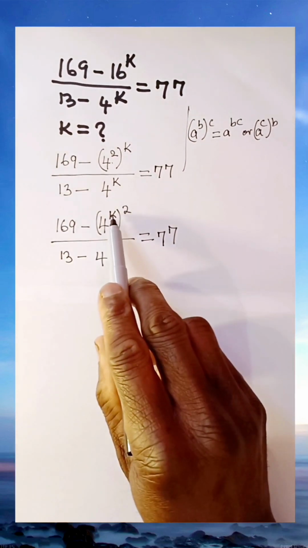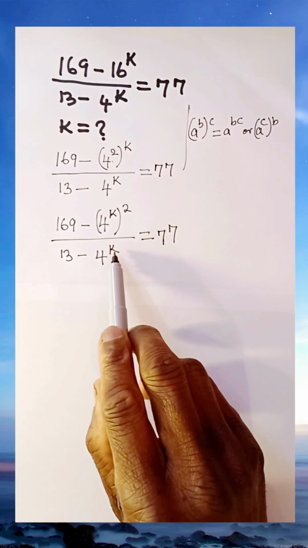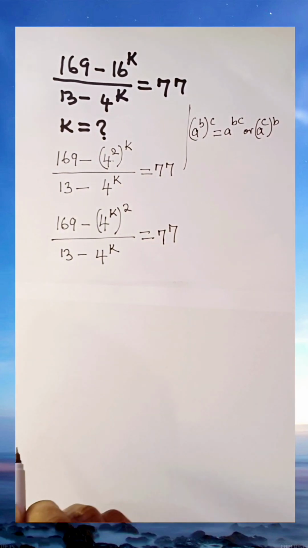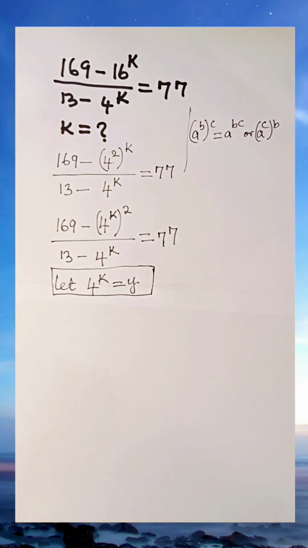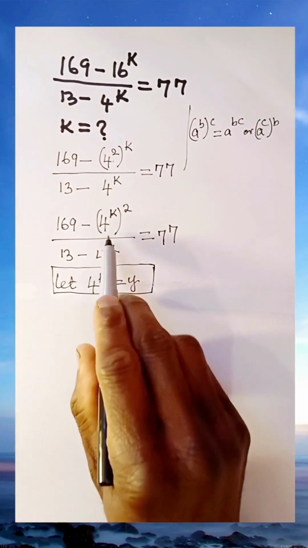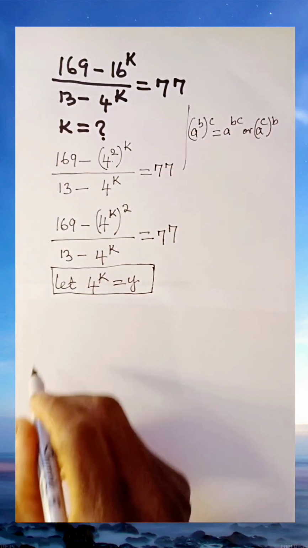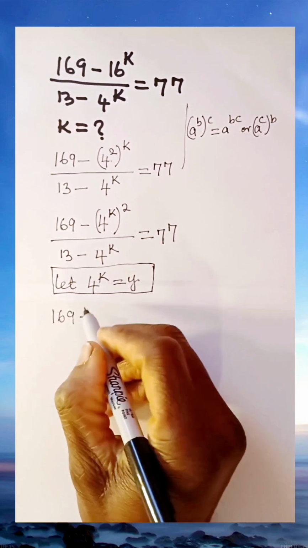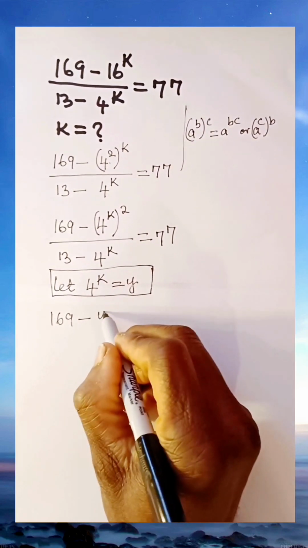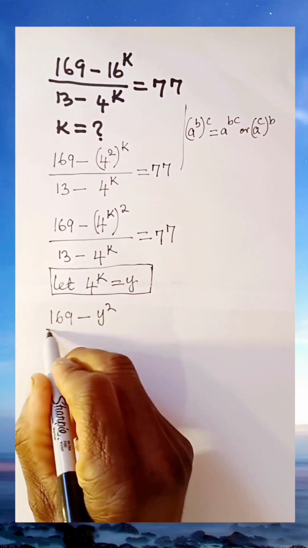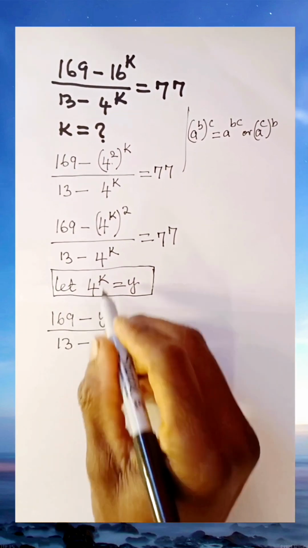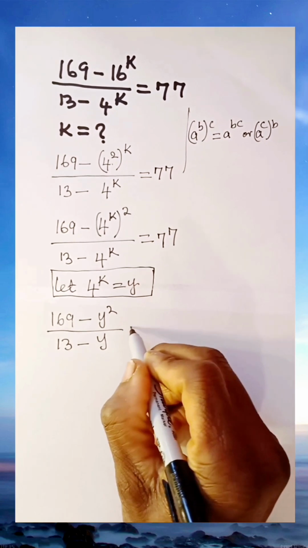Here we have 4 raised to the power of k, and here we have 4 raised to the power of k. Let us represent it with a variable. Let's consider variable y. If we make this substitution, the equation will become 169 minus y squared, divided by 13 minus y, and this is equal to 77.